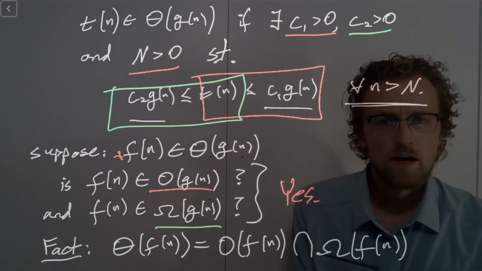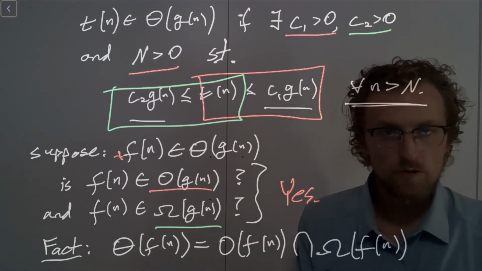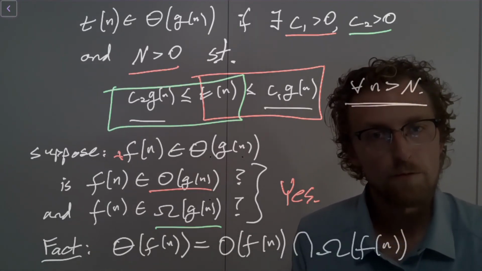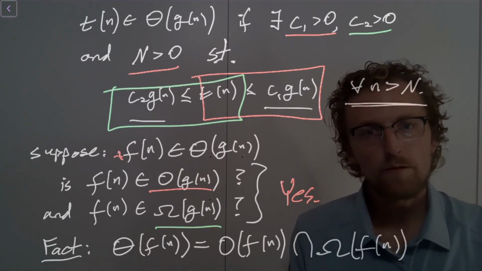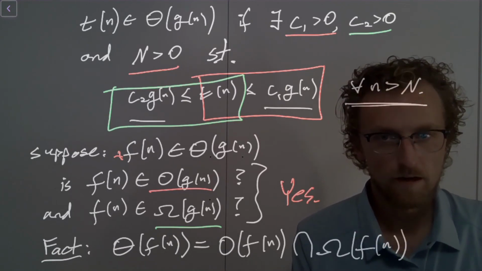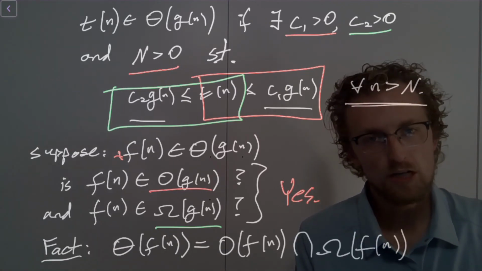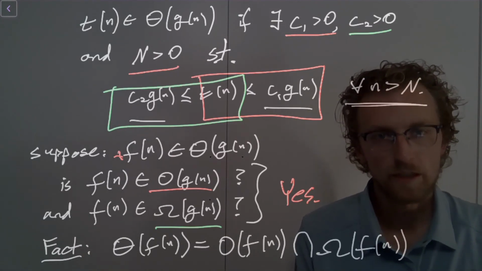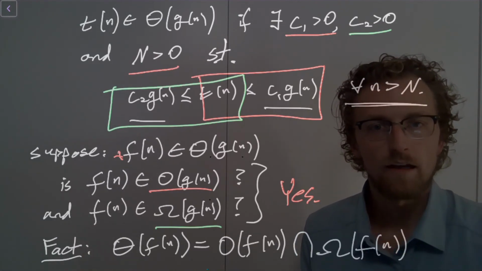And because of the important dualities in Boolean algebra, this means that if a function is big theta of f of n, then that function is big O of f of n and big omega of f of n, because of the connection between and and intersection.